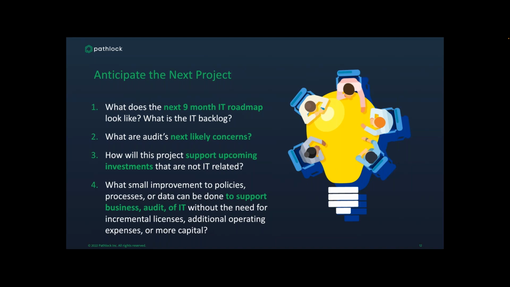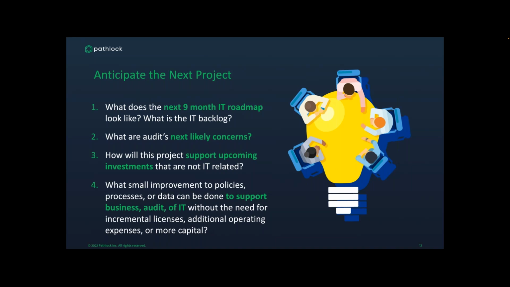And so understanding audit's concerns, it may be that your proposal today is looking at audit's number one concern. Well, is the number two concern that audit has still considered an unacceptable risk? And then how could your project be extended or anticipate being modified later after its initial deployment to meet that second most burning concern that audit has?